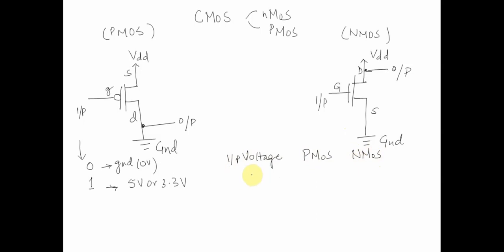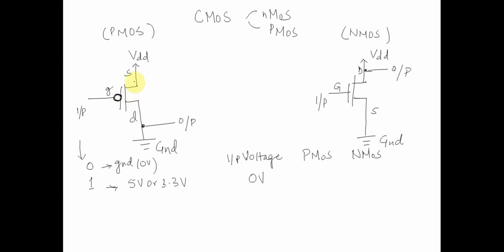Now let's assume I supply an input voltage of 0 volt. One important characteristic you could simply remember is for PMOS. There's one circuit over here, similar to a NOT gate. Whenever a 0 volt input is supplied, this PMOS acts as a short circuit. So this could be replaced by a wire. It's not exactly a wire, it's a combination of resistors, and there will be a voltage drop across VDS.